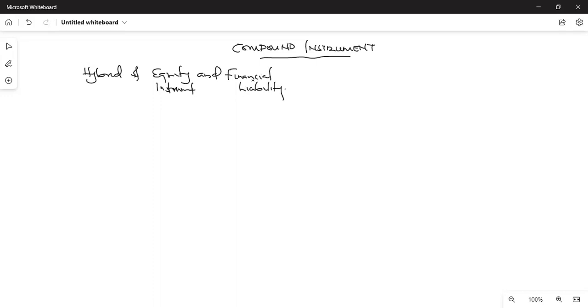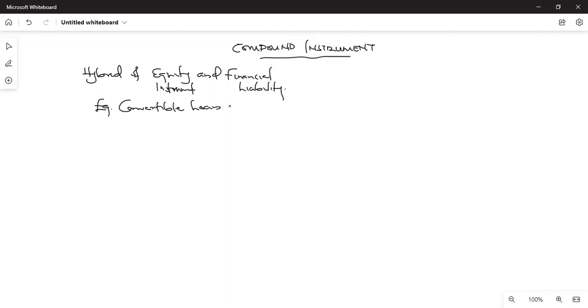So what you realize is that, for example, we have a convertible loan. In it, you can see that the lender will have an option to convert it.